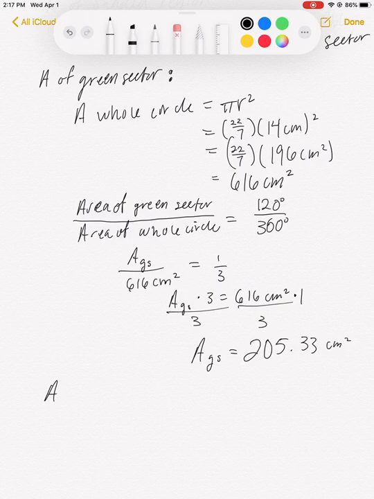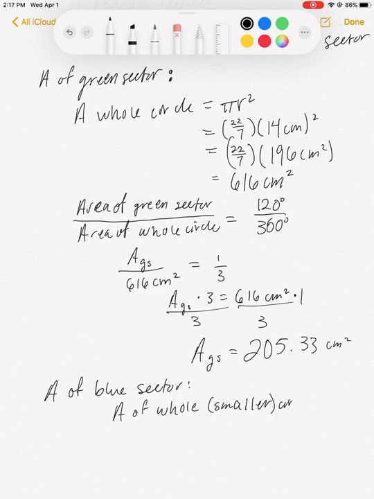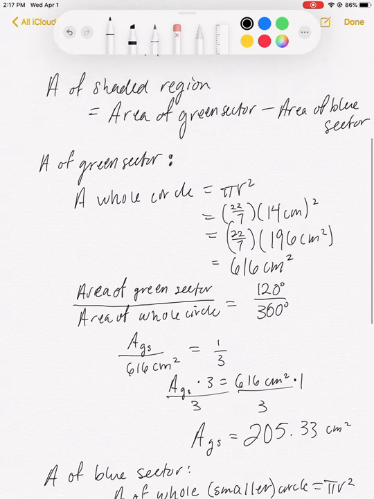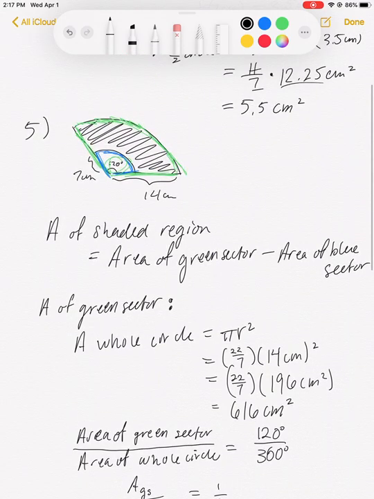So now the area of the blue sector, or the white part, we first need the area of the whole small circle, which is equal to pi r squared. Now the radius of the small section is going to be 7 centimeters.